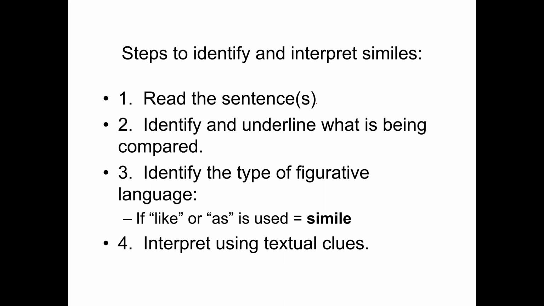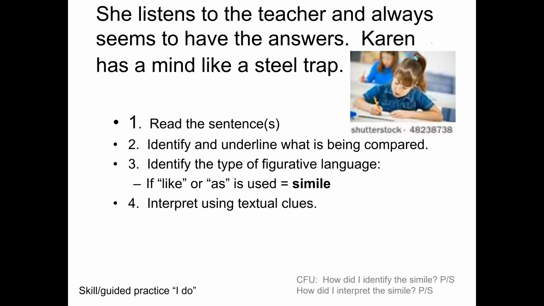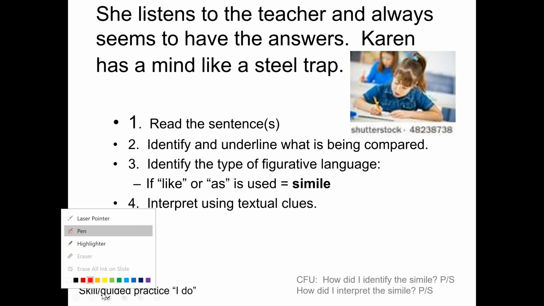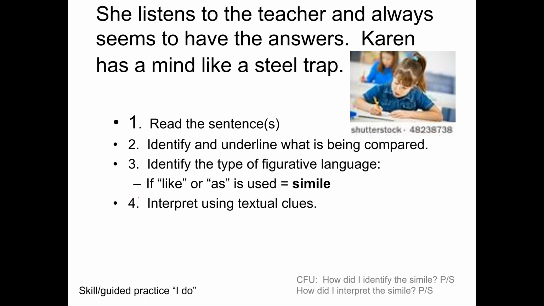All right, so let's move on. Let's actually do an example, right? For this one, what you do not have to write: don't write the 4 steps. We already wrote that down.